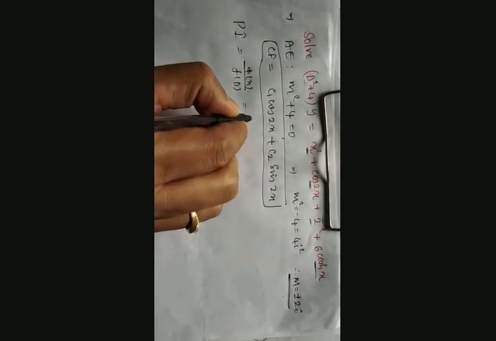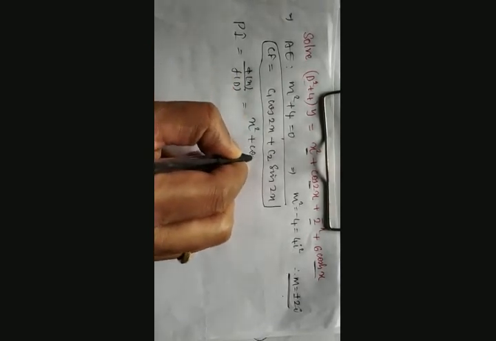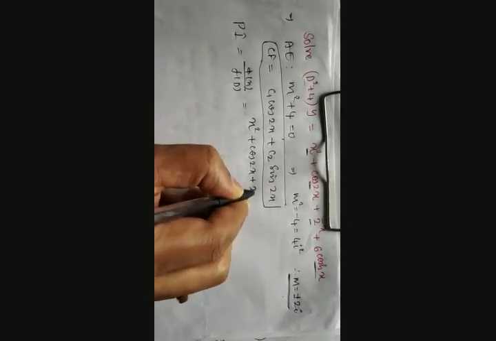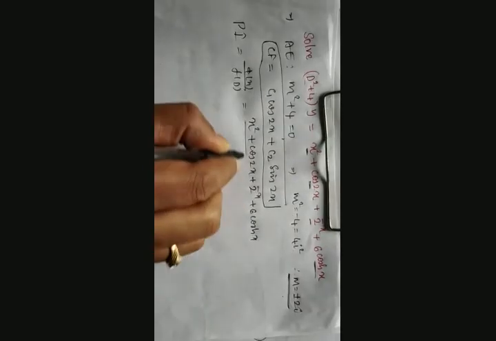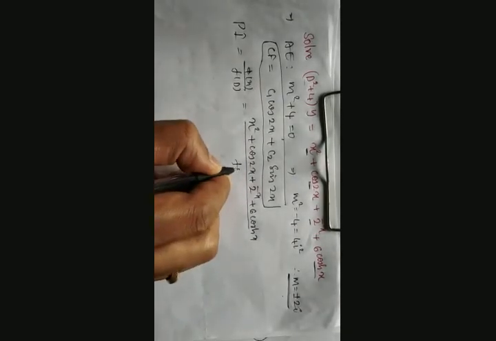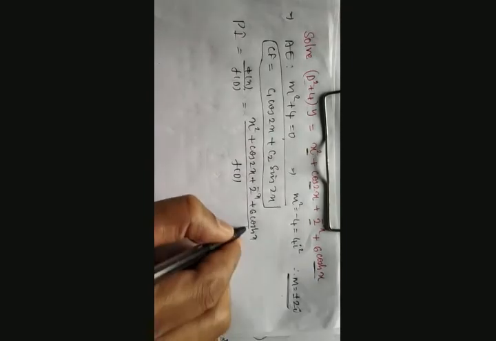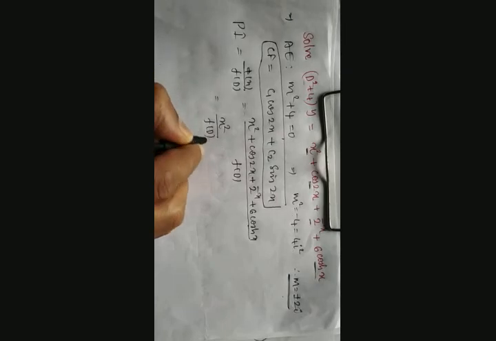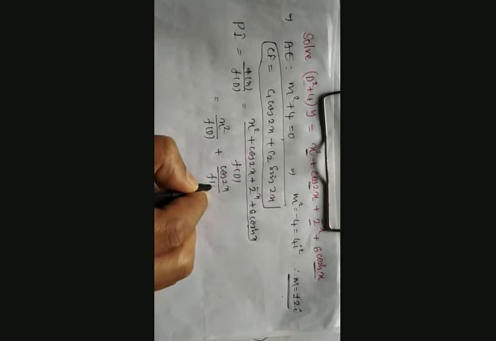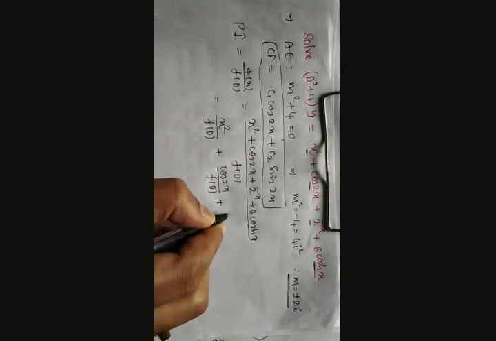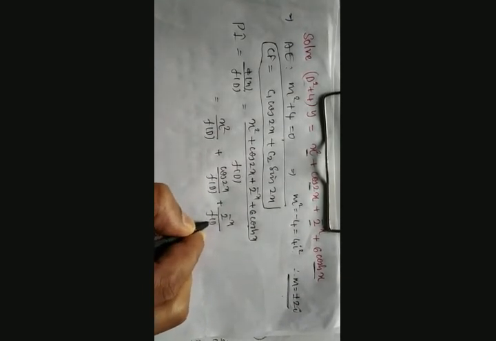PI is nothing but phi of x divided by f of D. Here we have phi of x as x square plus cos 2x plus 2 raised to minus x plus 6 times cos hyperbolic x, divided by f of D. So this is nothing but, first term I will be taking x square by f of D, plus second term cos 2x by f of D, third term 2 raised to minus x divided by f of D.